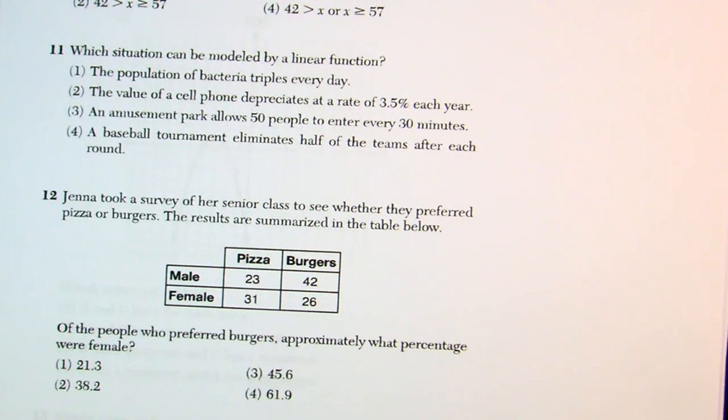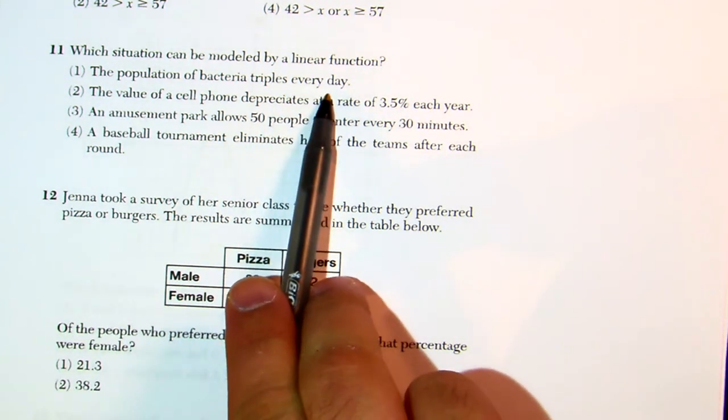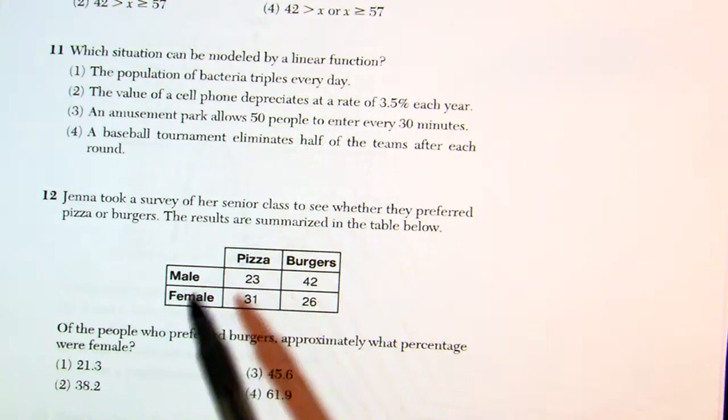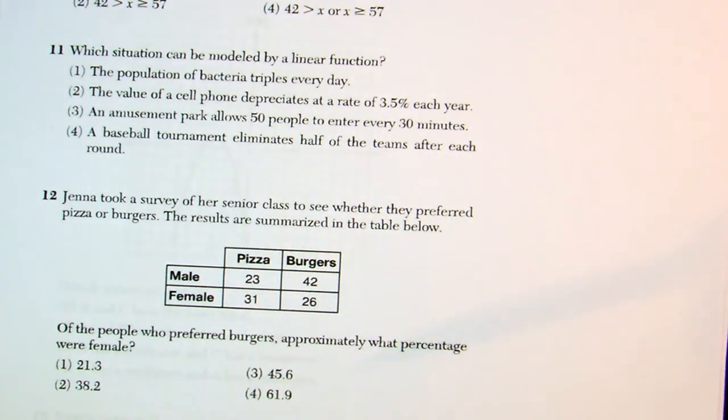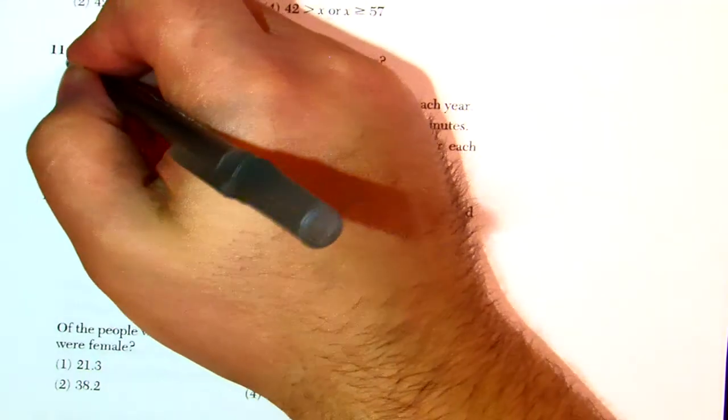Number 11. Which situation can be modeled by a linear function? So I'm looking at the population of bacteria triples every day. Tripling every day means you're multiplying by 3, and we already proved through the other question, when you continue to multiply by that same number, that's an exponential, not a linear. So we know it's not choice 1.